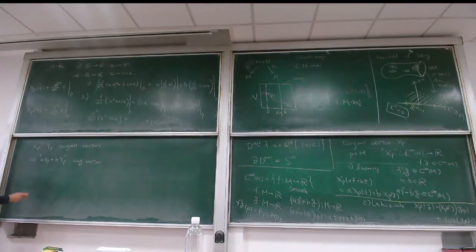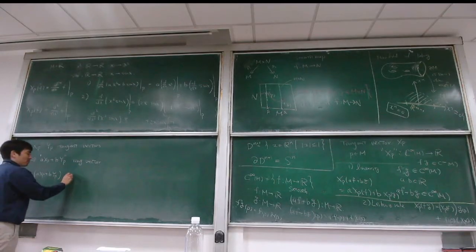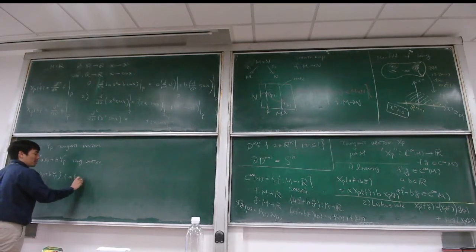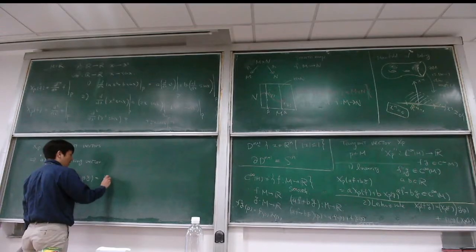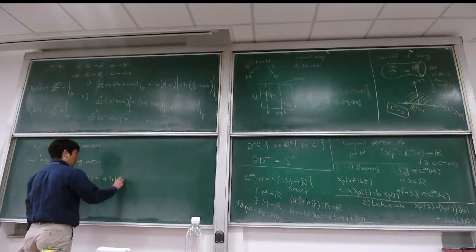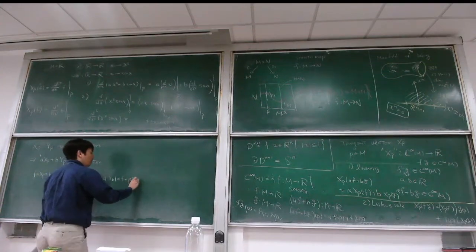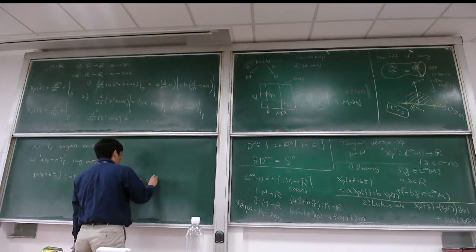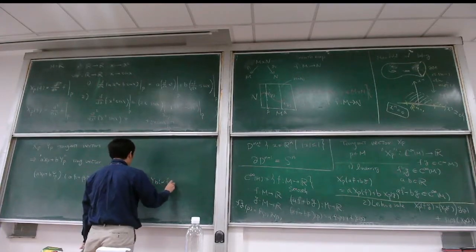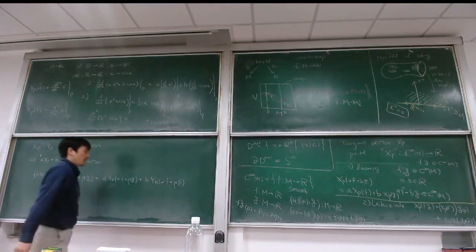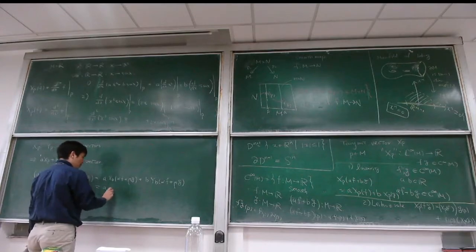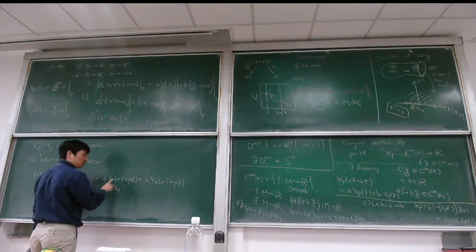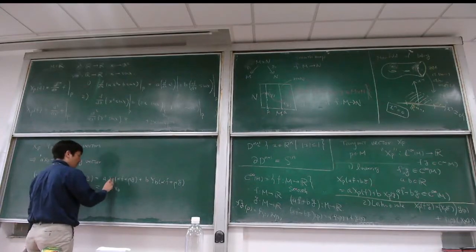You can do the same exercise: Xp plus b Yp acts on alpha f plus beta g, and this is equal to Xp acting on alpha f plus beta g, and so on. It's boring, but one has to check.